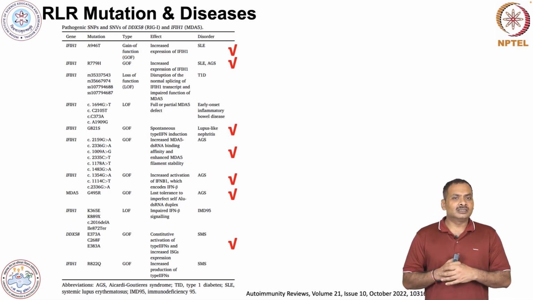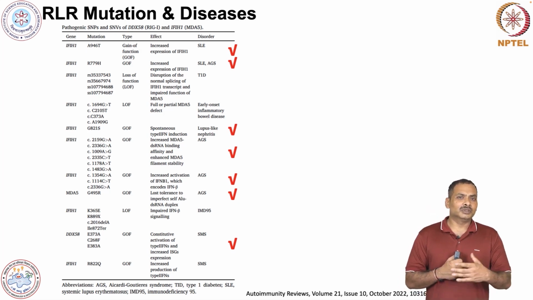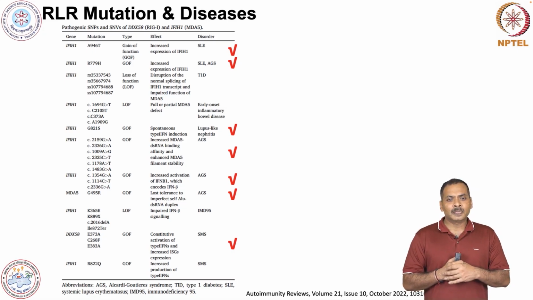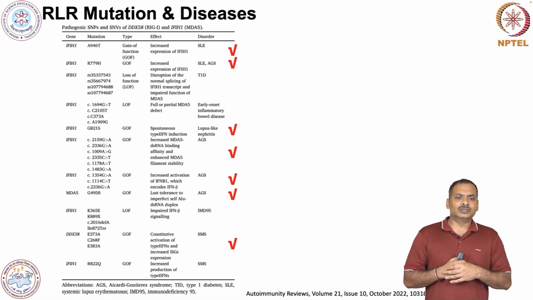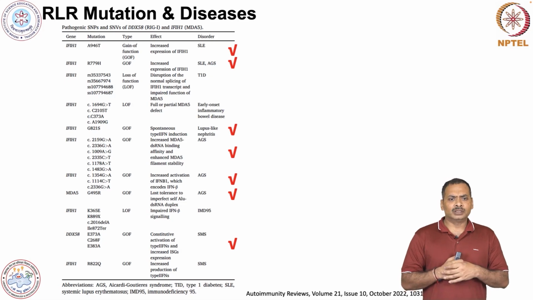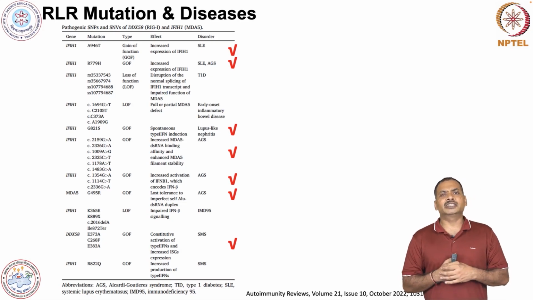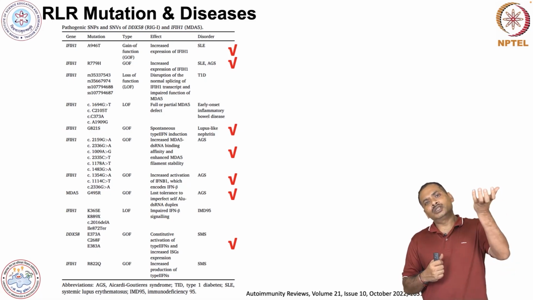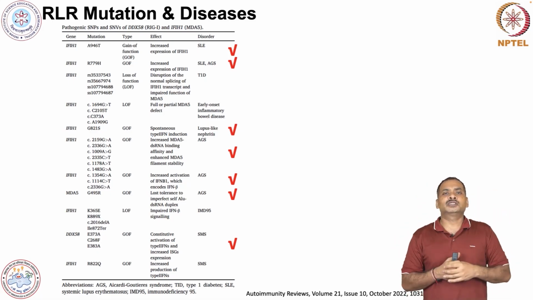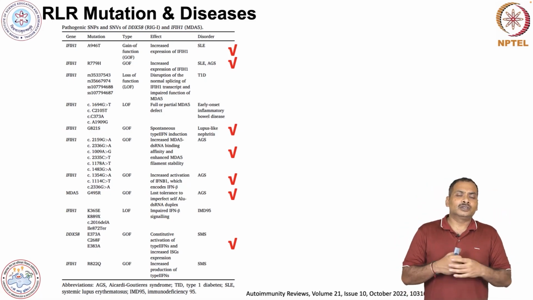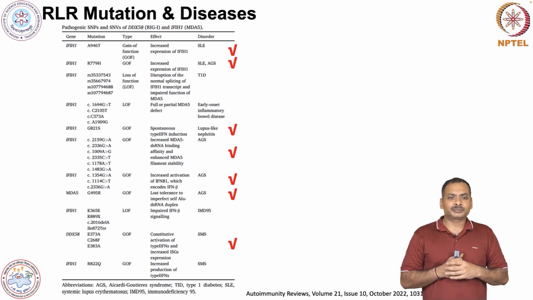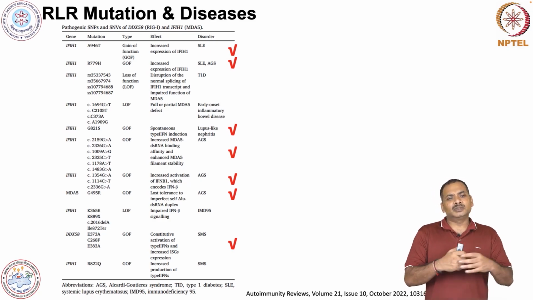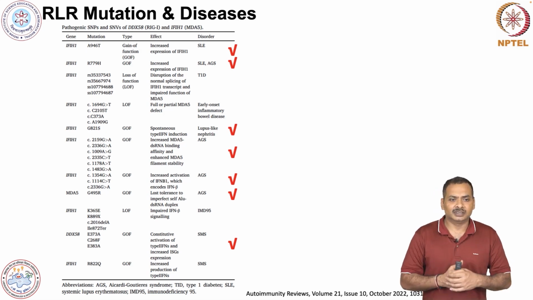This is Singleton-Merten syndrome. Over there is a constitutive activation of type 1 interferon and ISG expression. ISG depends on interferon. If there is more interferon, then there is more expression of interferon stimulated genes, and this causes a disease condition.